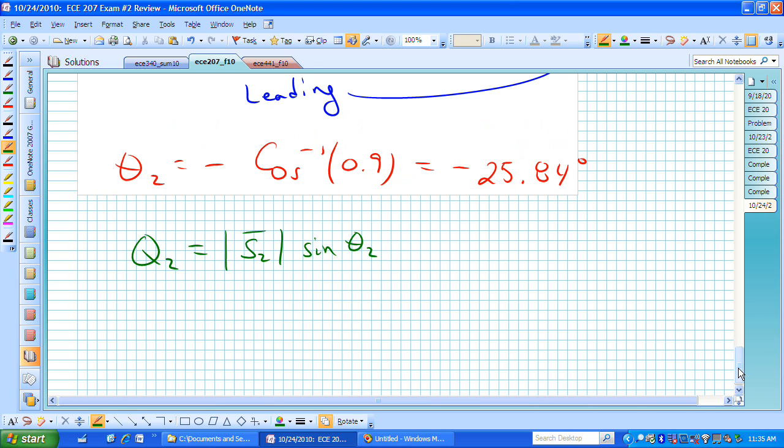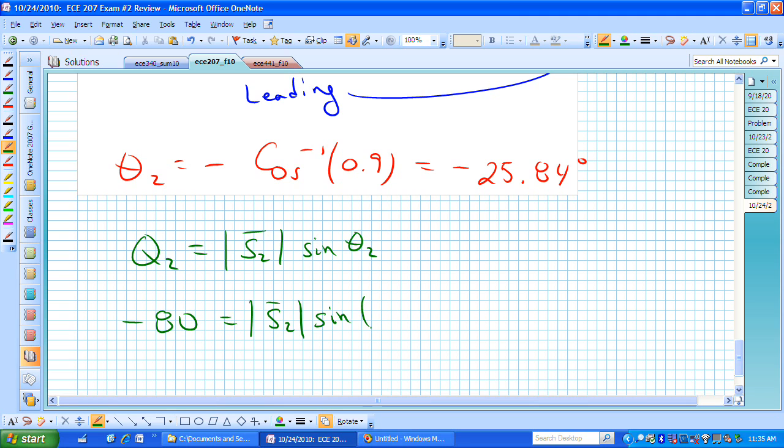We were given Q sub 2 in the problem statement; that was minus 80. We don't know the magnitude of S2, and we're trying to find it so that we can find the complex power and use it together with V sub 2, the voltage dropped across that load, to solve for I sub 2.